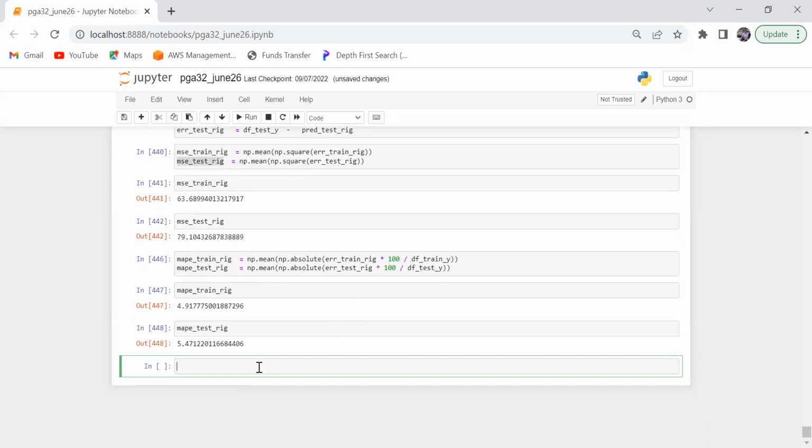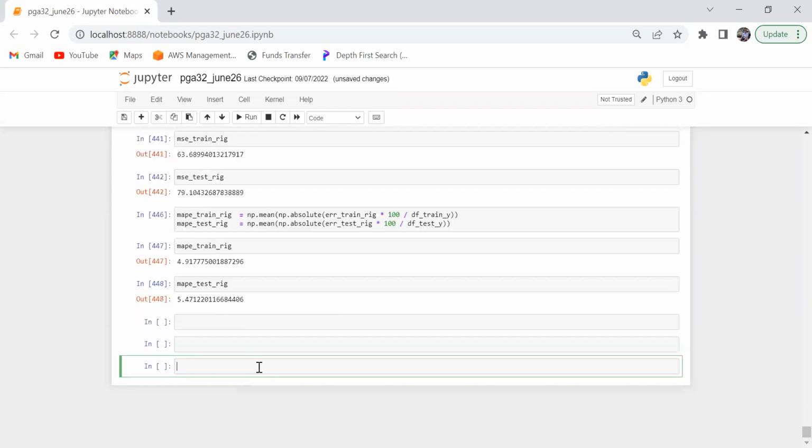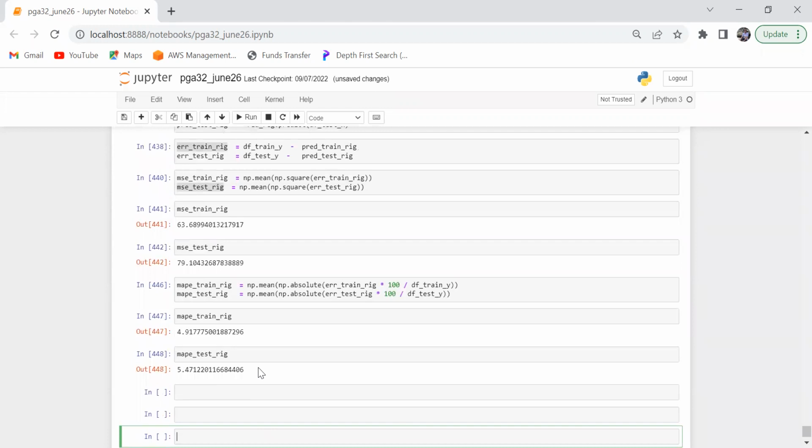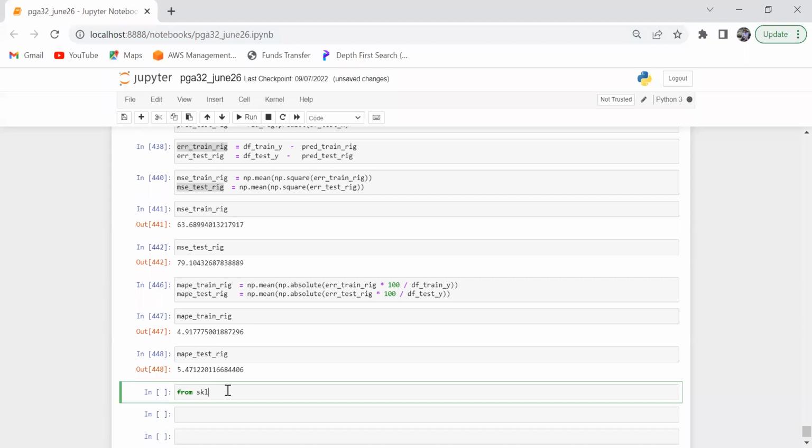Yes. Right. So let's build our Lasso. See, building the Lasso is again the same as the way we built our Ridge. बस कुछ नहीं करना है. So I'll say from sklearn.linear_model import Lasso. That's it. खत्म.